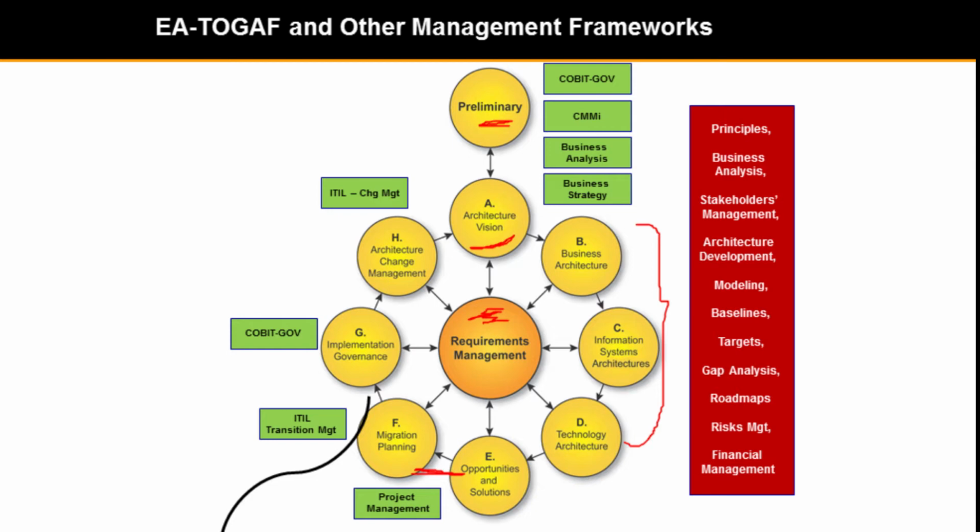Also, I added some green boxes to show you where potentially you may be using some additional frameworks, and the examples as I'm showing you there, as you can see, are associated with COBIT or business analysis or ITIL or project management, depending on the activity or activities that we are working with.